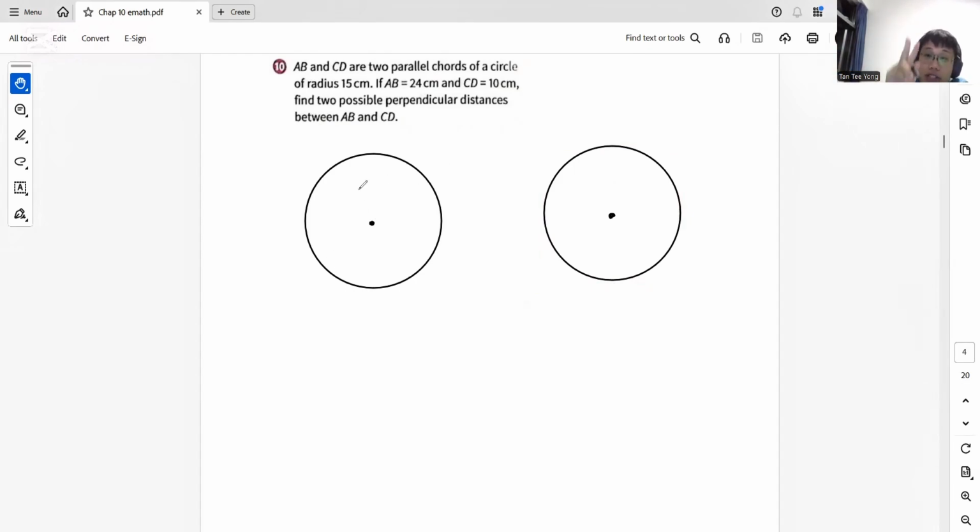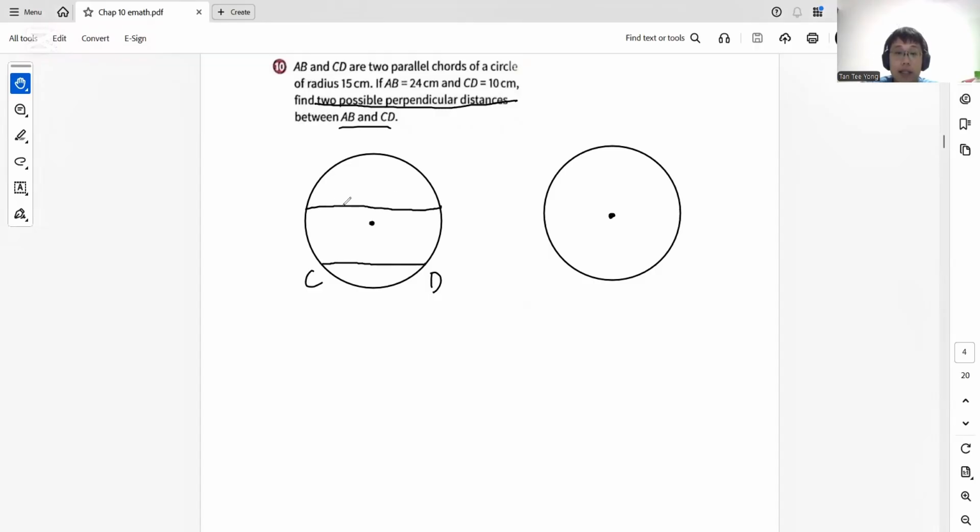Right. So there are two ways of drawing it. That's why they ask us to find two possible perpendicular distances from AB and CD. So it's like that. So it could be like that. This is CD, and then AB could be here. Okay. Maybe I should use the line something like that.